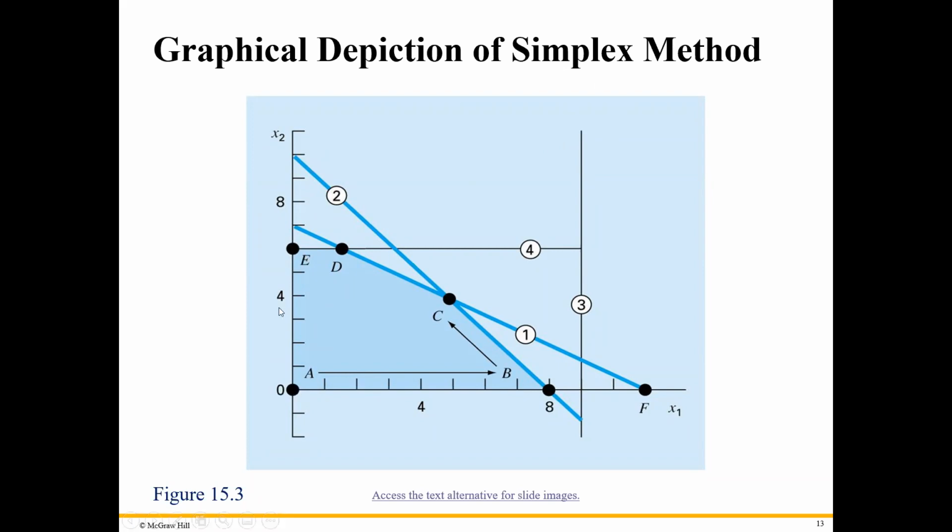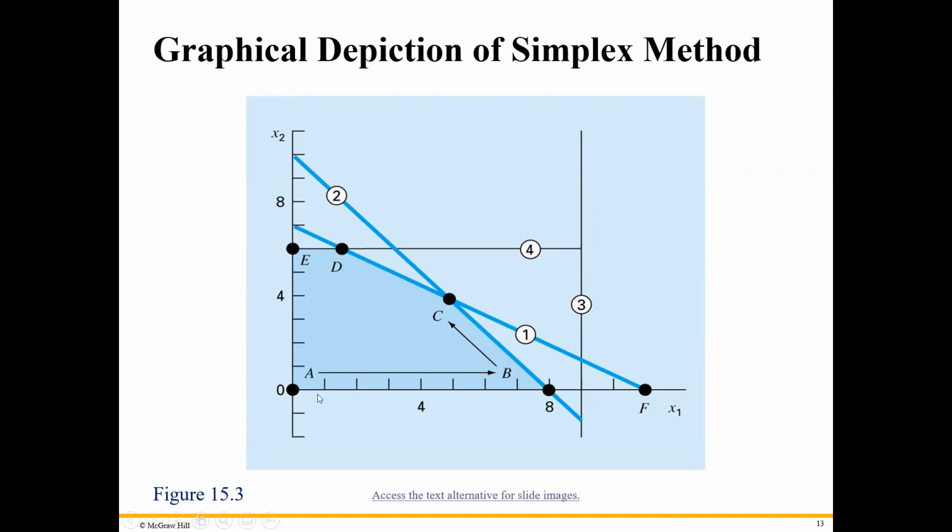This method works in such a way that we move from this point to the next adjacent point, either towards this side or that side. We can move from A to E to D to C, and then reach the solution, or from A to B and then B to C. So in 2 or 3 iterations we can reach the solution.